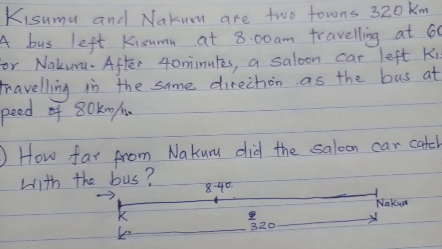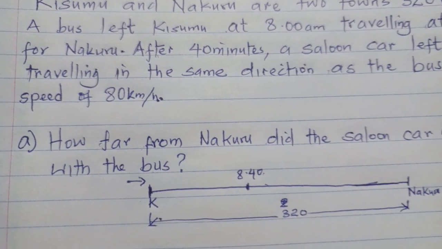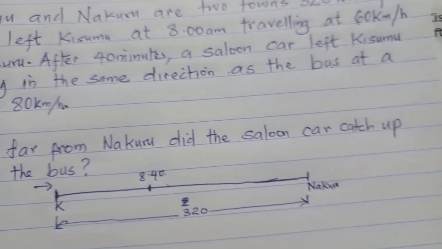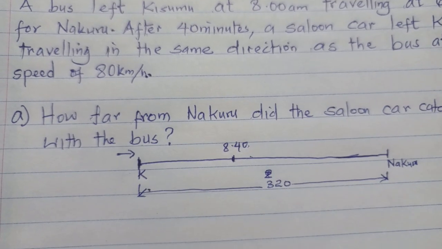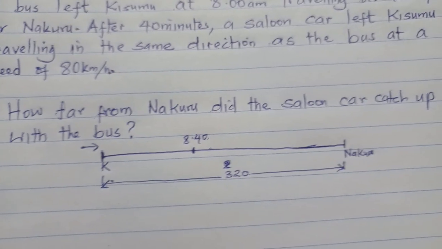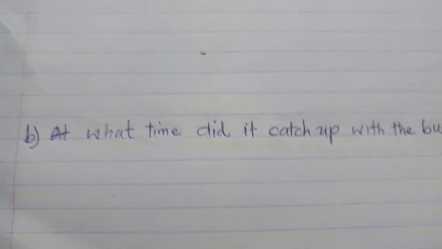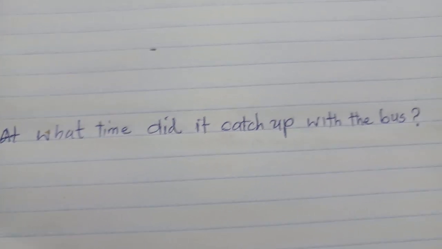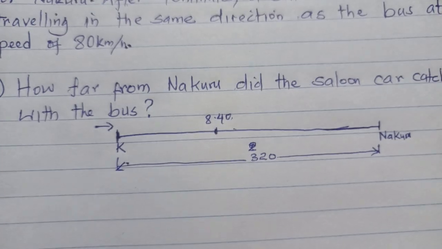After 40 minutes, a saloon car left Kisumu, traveling in the same direction as the bus at a speed of 80 kilometers per hour. Then the first question is, how far from Nakuru did the saloon car catch up with the bus? The second part of the same question is, at what time did the car catch up with the bus?